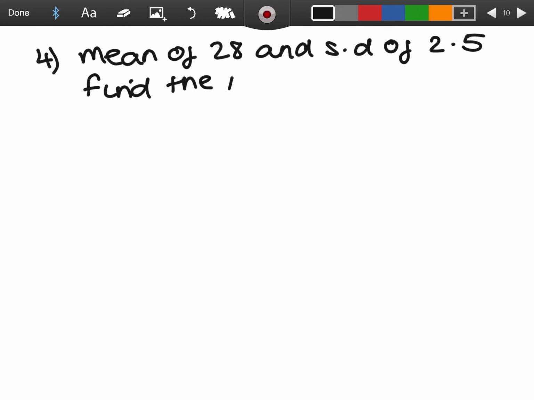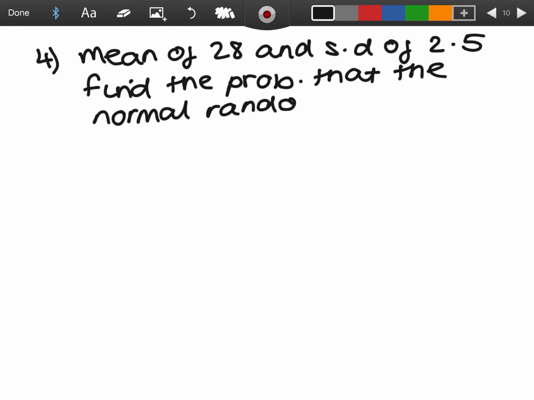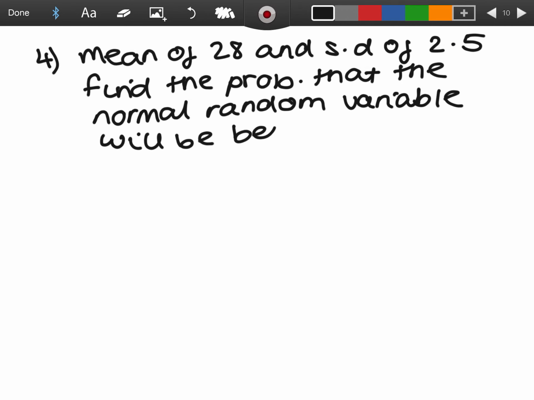And now I want to find a probability that the normal random variable will be between 25 and 30.